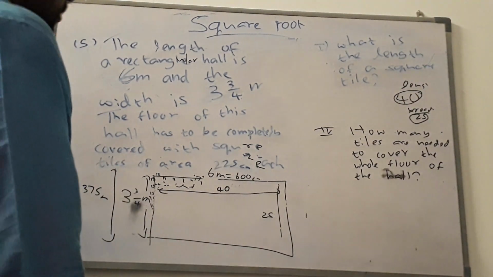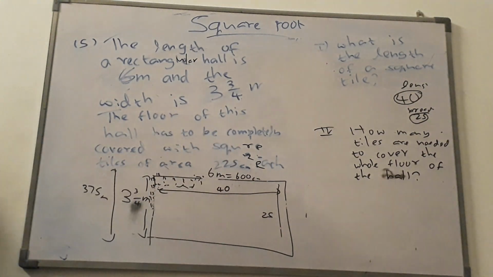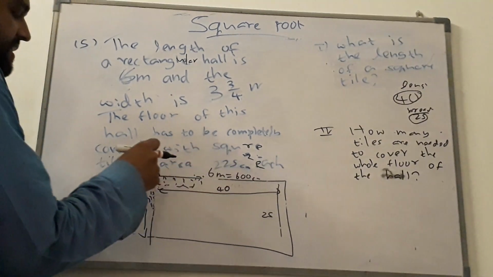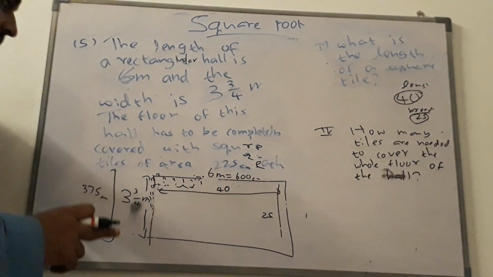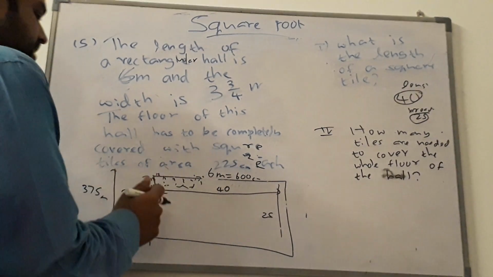So we have to find how many tiles are there in all. For a row there are 40 tiles, so for 25 such rows you have to multiply 40 by 25.